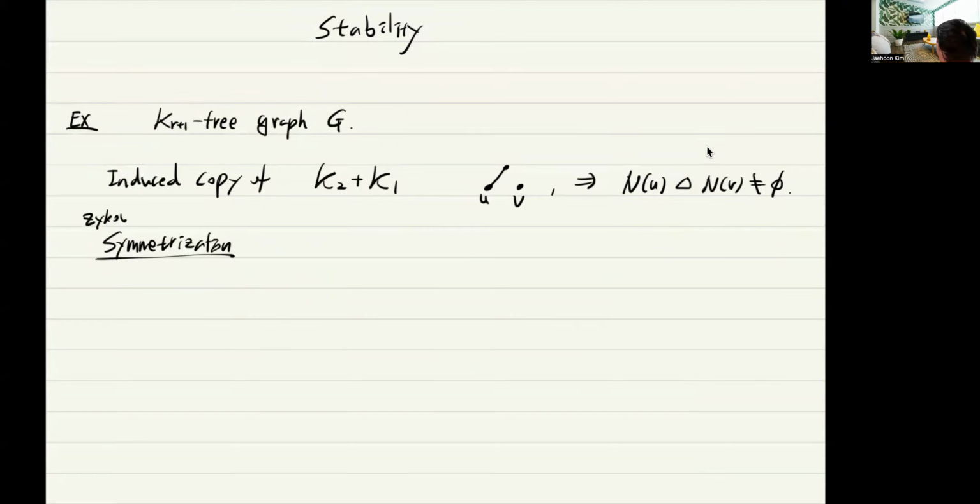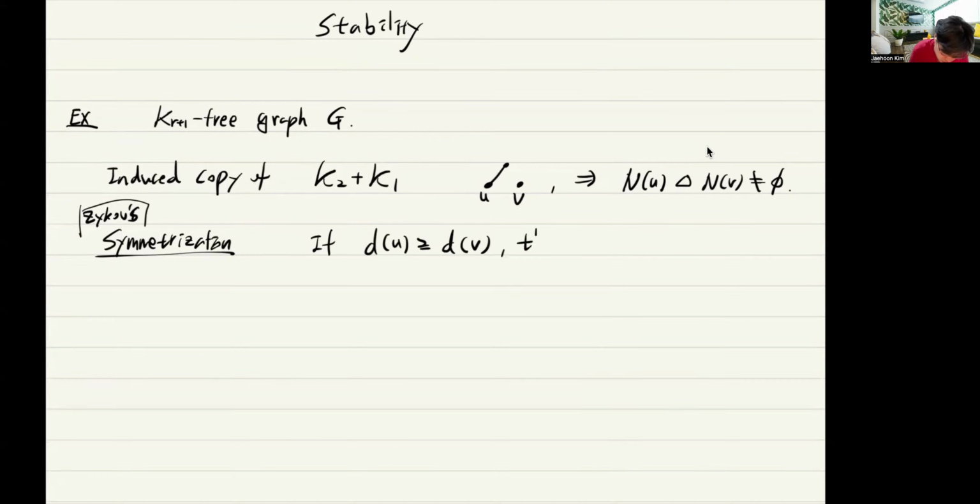Sometimes it's called Zykov symmetrization. It is that if u has a bigger or equal degree than v, then what we do is we delete v and add a copy of u to this graph G.